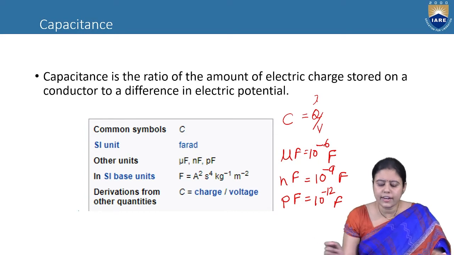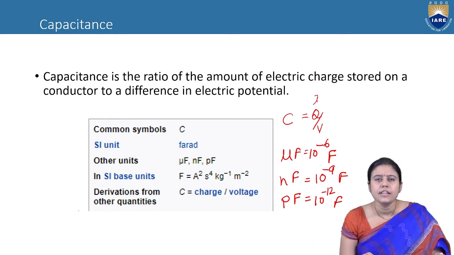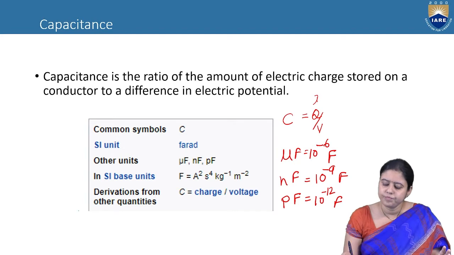And what are the derivations? Already we have discussed: capacitance is equal to the charge stored in a conductor divided by the potential difference between two ends.